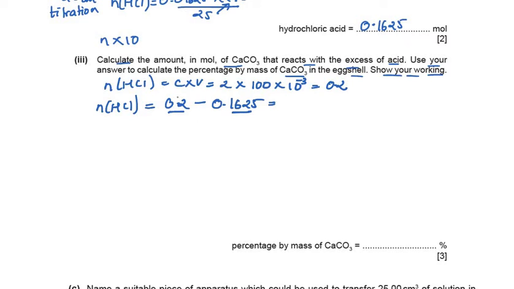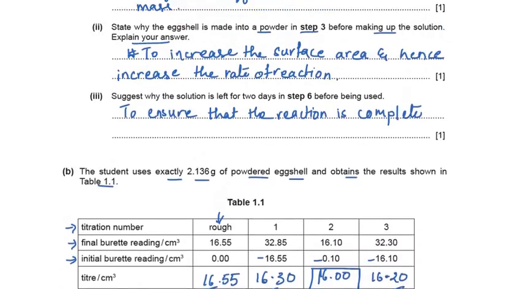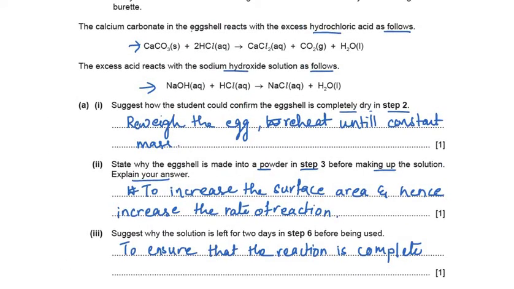So after subtracting, we get the moles that reacted with calcium carbonate, and this answer is 0.0375.